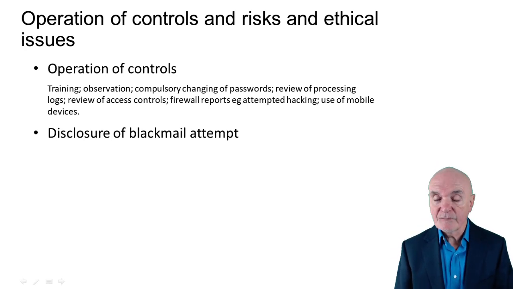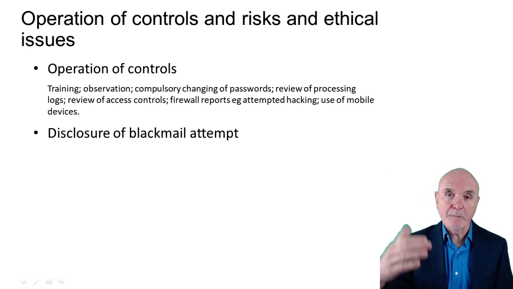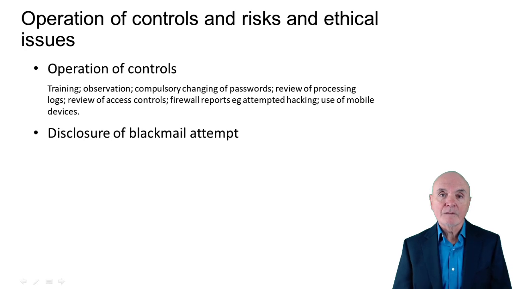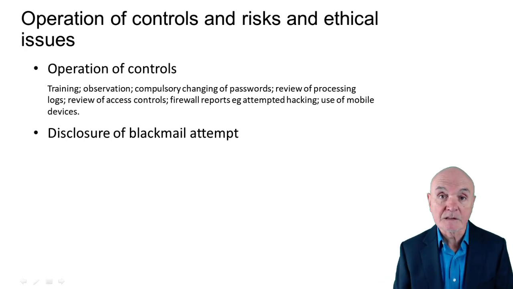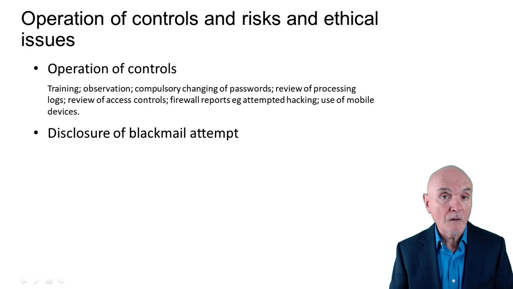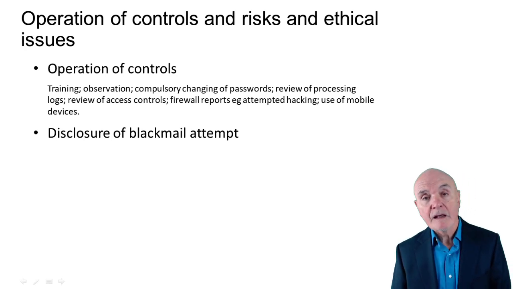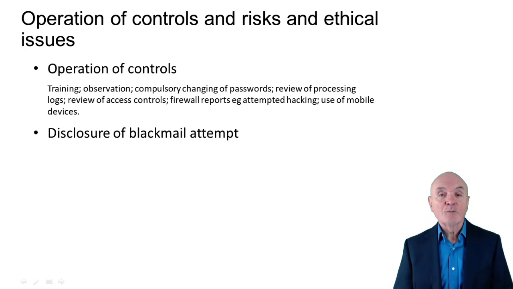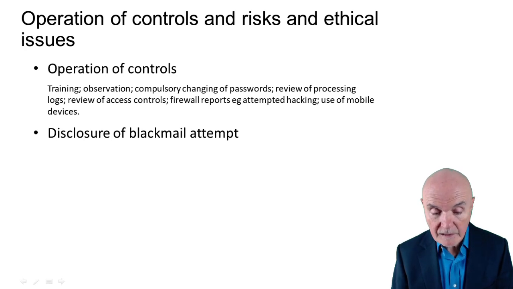So we could observe people's workstations, make sure they don't have their passwords on a post-it note on their video monitors and so on. It could be observing the doors are kept locked. It could be observing backup logs and the like. It could be ensuring that passwords are changed regularly.